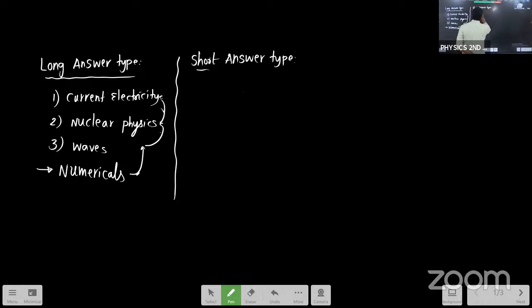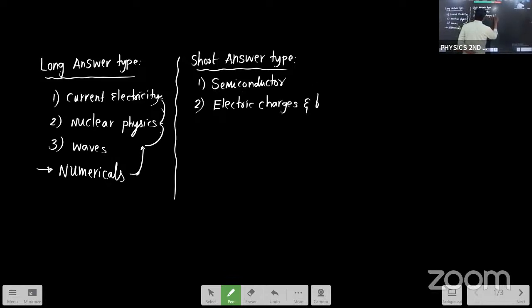And in this short answer type, what are the chapters that we have discussed? We have discussed regarding semiconductor devices. And what was the next chapter that we have discussed? We have discussed regarding electric charges and field.